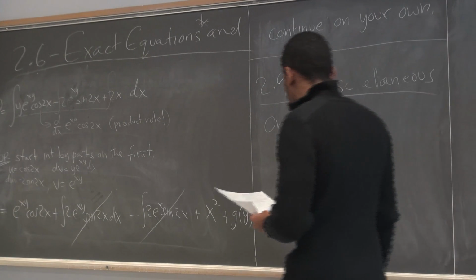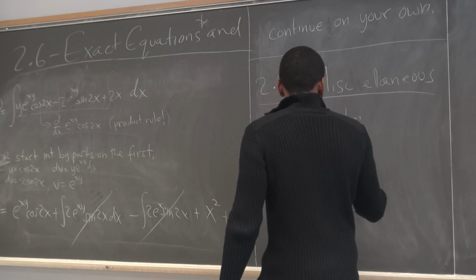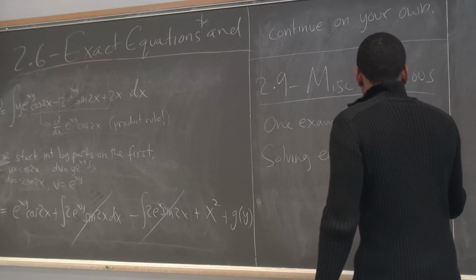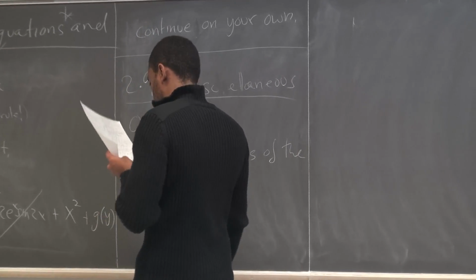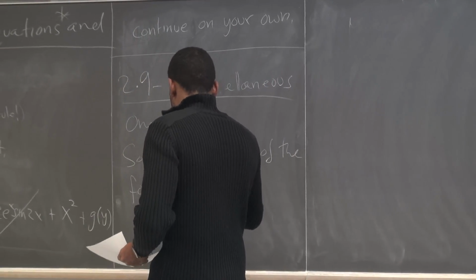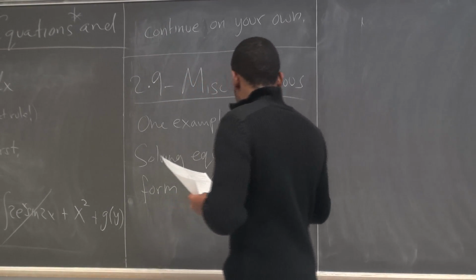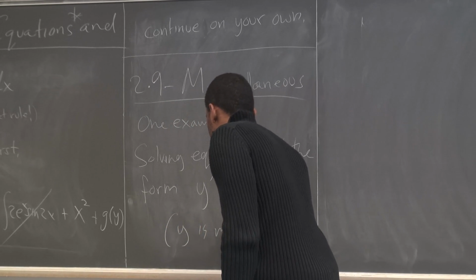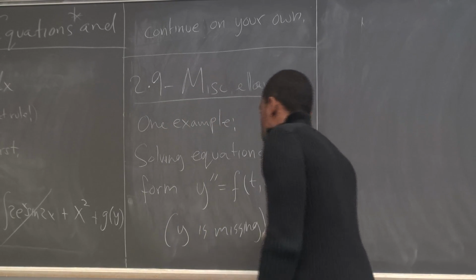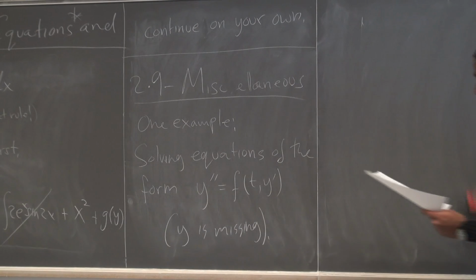But it's just talking about solving equations of the form, that is, the y is missing. Right? You have a y double prime and a y prime, but no y. Every once in a while you see examples like this.